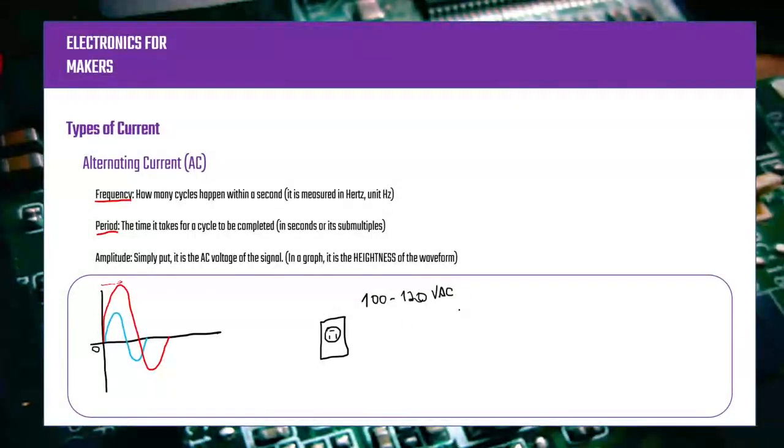And if you look at some Walmart or wherever, you'll see one of these things written, because the distribution network in many countries runs at either 60 or 50 hertz, the frequency of the wave. It's the number of times that the polarity between the plugs changes. That's why we don't need to worry about which one is the positive and the negative. We just put it in the socket. This is the simplest and best example of alternating current, for the moment.